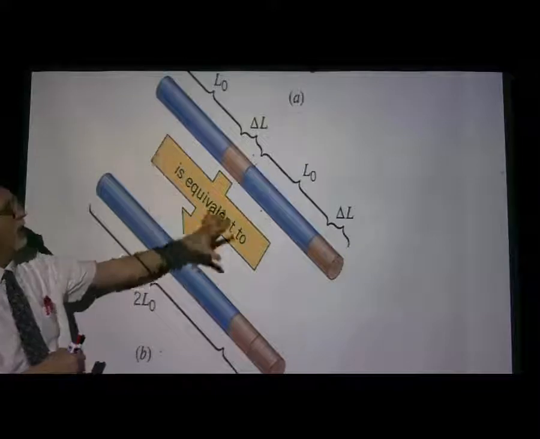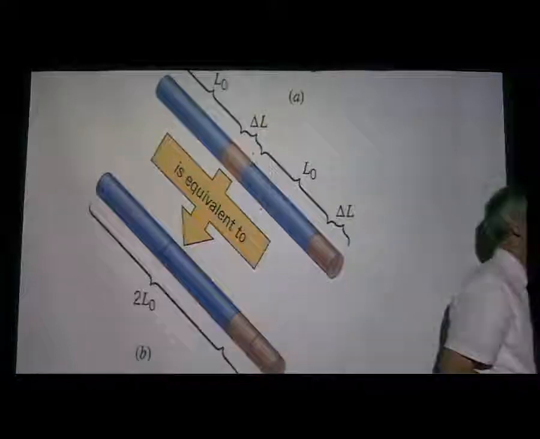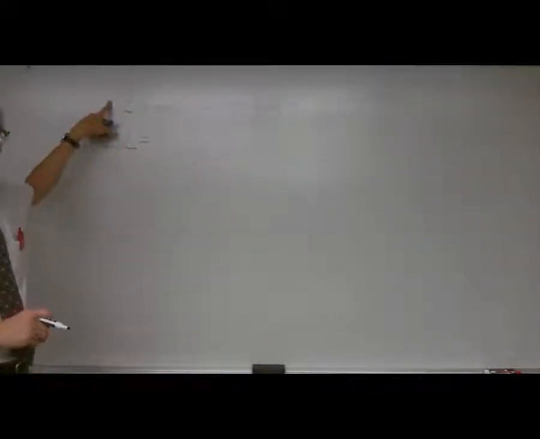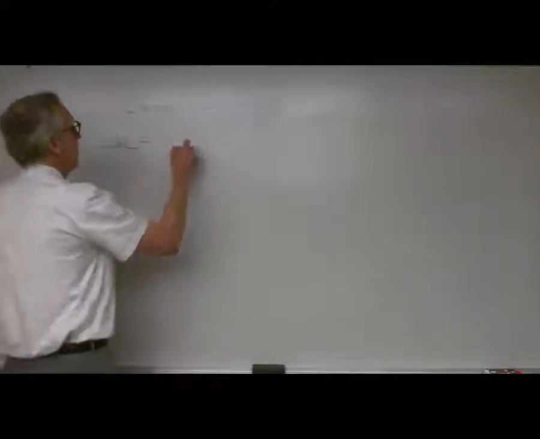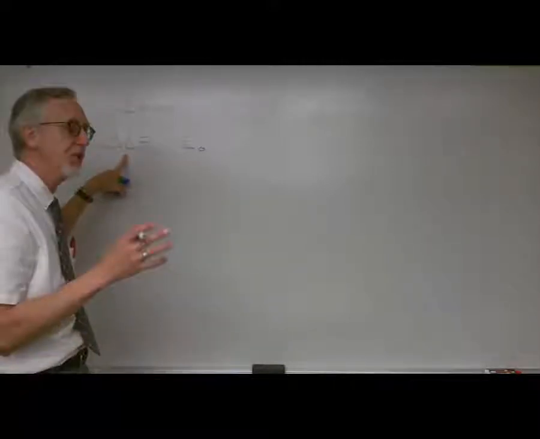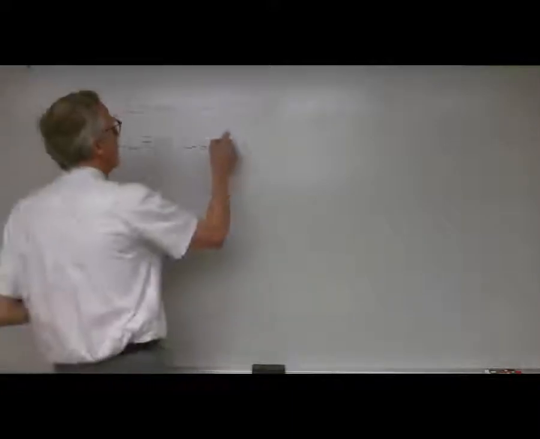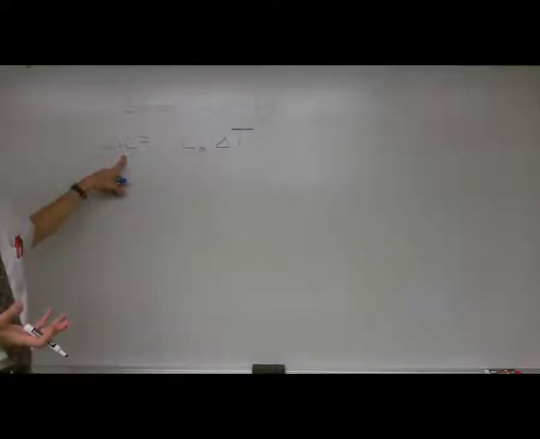So we can put these three ideas together into a single equation to look at the linear expansion of an object. The change in its length is going to be affected by its initial length, or its unexpanded length, so we'll put L naught in there. We also believe it's going to be proportional to the temperature change. The greater the temperature change, the greater the expansion, so we will put in a delta T. And then we expect it to be affected by the different kind of material that it is.